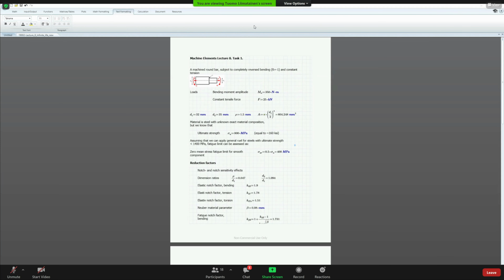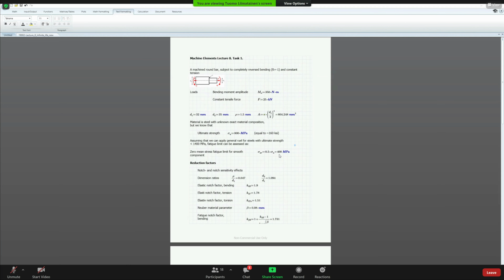So for a smooth unnotched component, we can assume that the fatigue limit for zero mean stress would be 400 megapascals. If we only had the loading with the bending moment amplitude, with no constant tensile force, we could just use this value, of course in combination with the reduction factors.